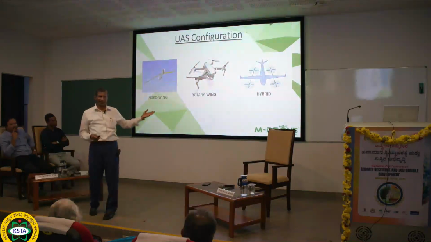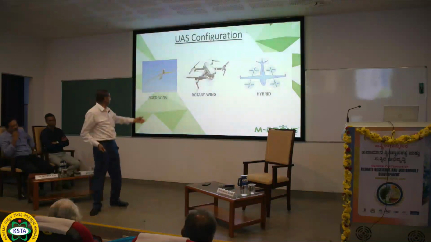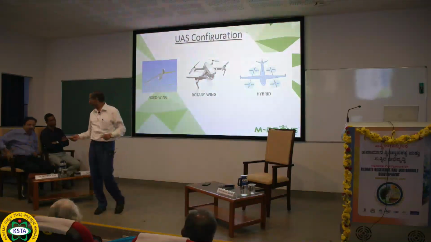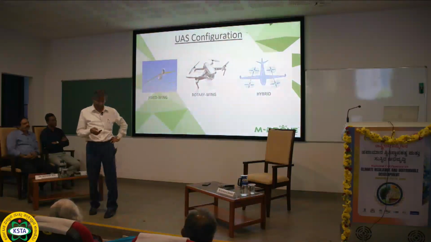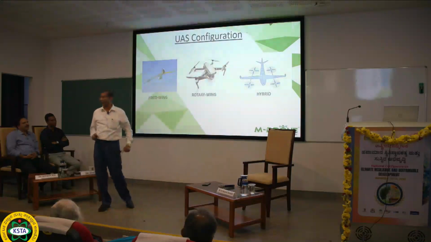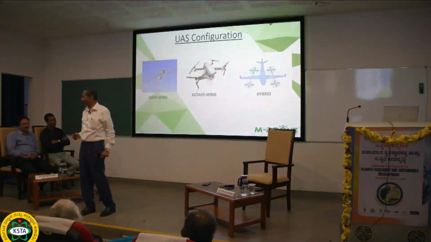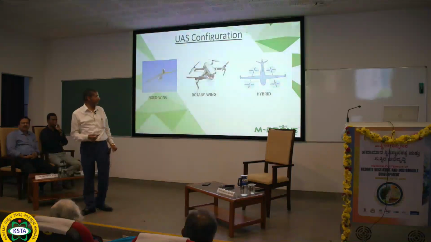In fact, NAL is working on this. Very soon I think they will be successful. Even the fixed wing, NAL has recently successfully launched. Of course, our company is also very good in developing the rotary wing, octacopter or hexacopter, all that our Multiplex is developing.